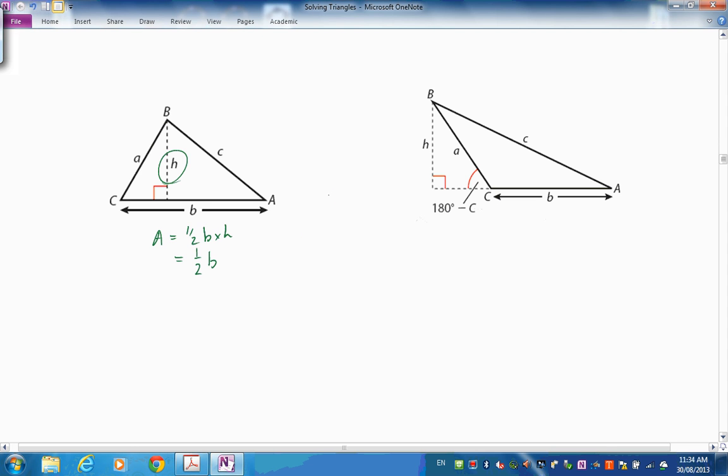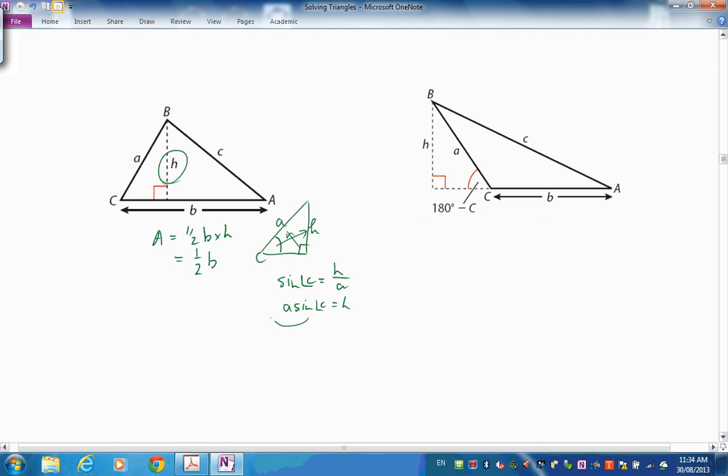In that triangle standing up there, H is the side opposite angle C, and A is the hypotenuse, and here's the 90. So we can say that's opposite and hypotenuse, SOH CAH TOA. Sine of angle C is H opposite over hypotenuse, H over A, or A sine angle C is H.